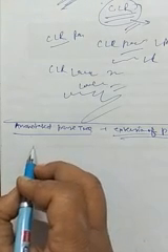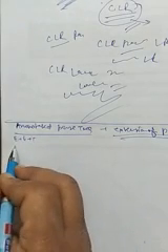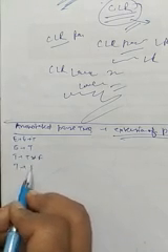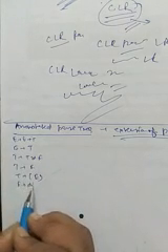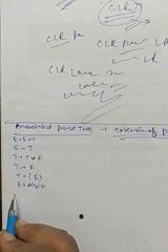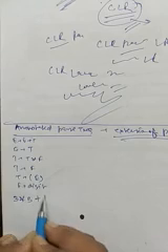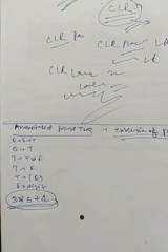So for example, we have a grammar like that: E to E plus T, E to T, T to T asterisk F, T to F, T to E, and F to digit. And we have to generate the annotated parse tree for 3 asterisk 5 plus 4.